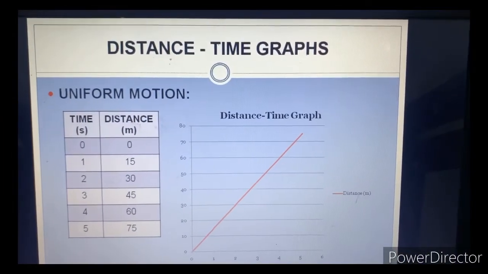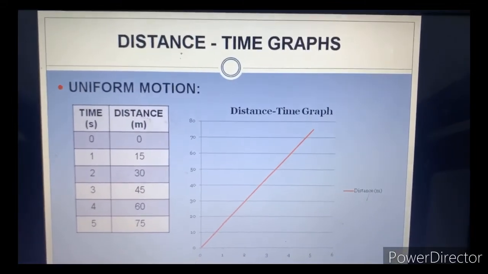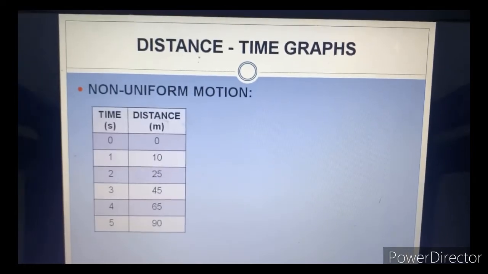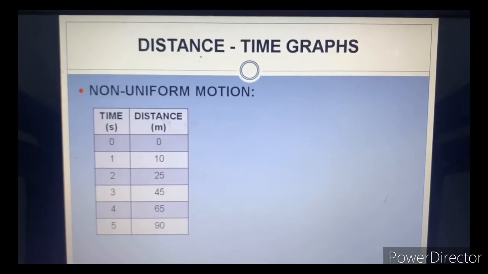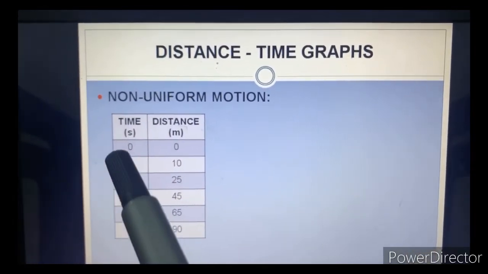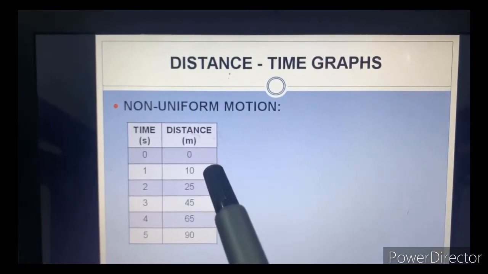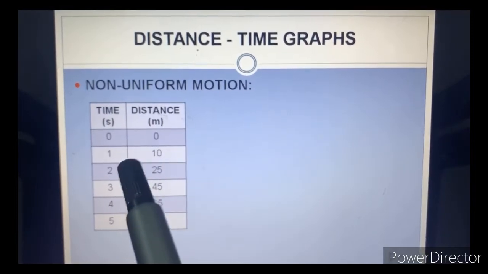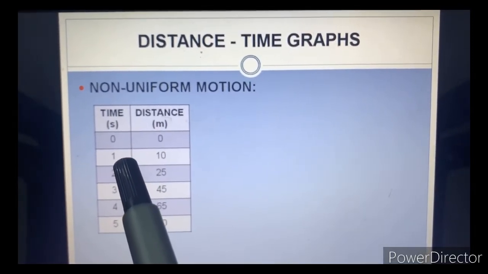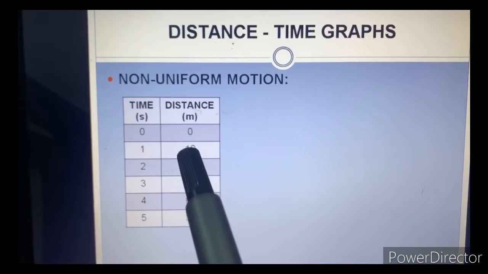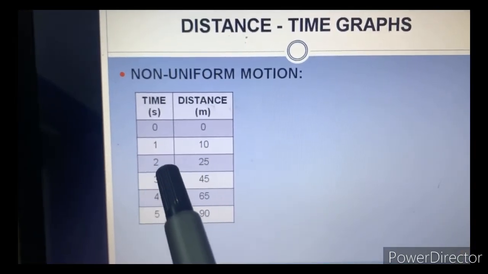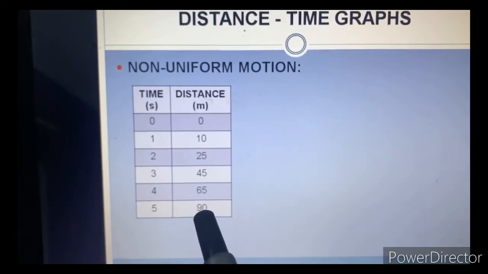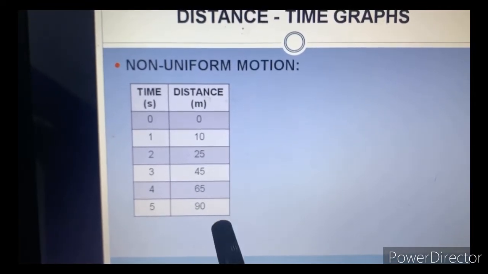Now we will look at non-uniform motion. Again I am taking another data set. At 0, the car has not started yet. At 1 second it covers 10 meters. At 2 seconds it covers 25, at 3 seconds 45, at 4 seconds 65, and at 5 seconds 90. You will see different variations in these distances.